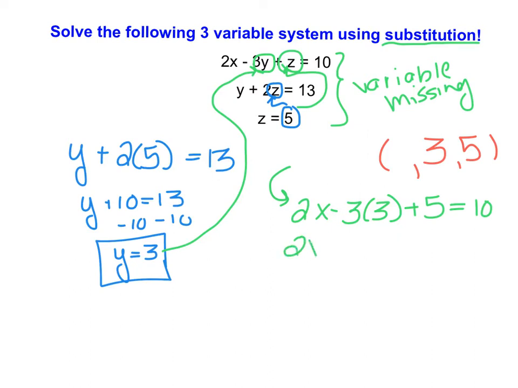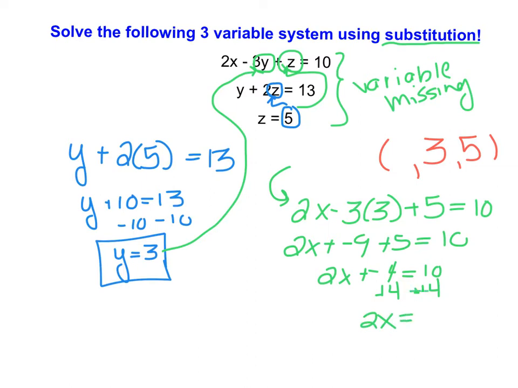So we have 2x, I'm going to use keep change here, so plus a negative 9, plus 5 is equal to 10. So we have 2x plus negative 4 is equal to 10. Add 4 to each side, and we end up with 2x is equal to, that's an addition there, 14.